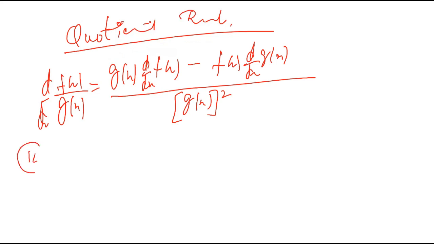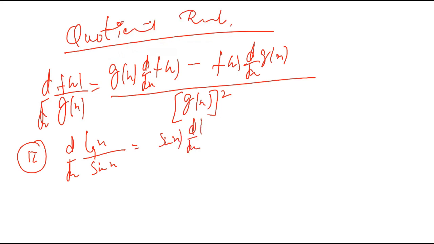For example, d by dx of log x over sin x. Here, log x is f(x) and sin x is g(x). I put sin x as it is and take d by dx of log x, which is f(x), and then there is a negative sign.